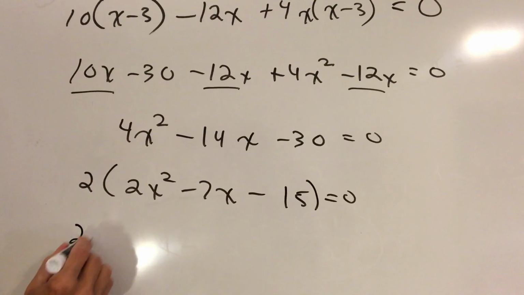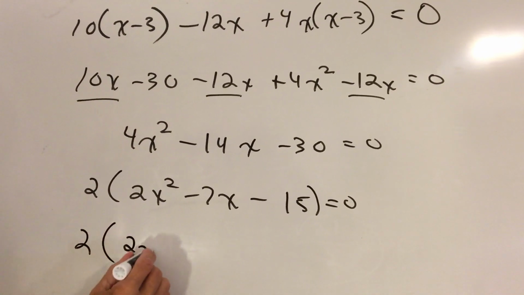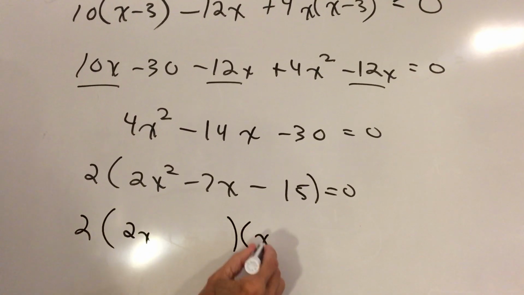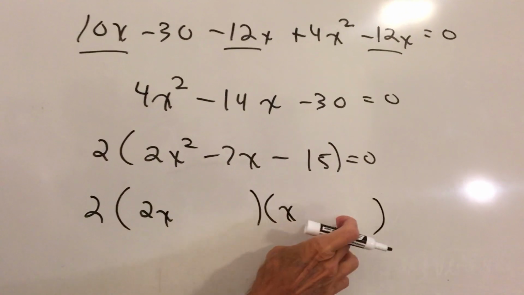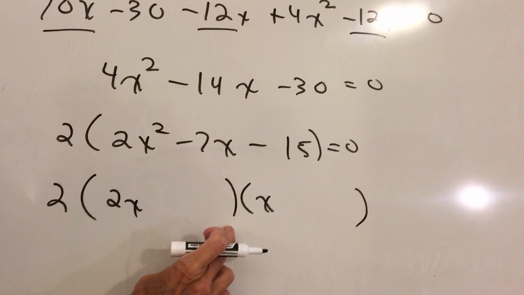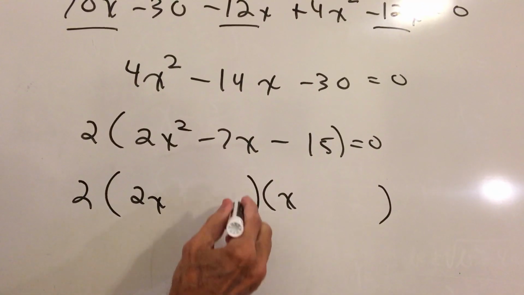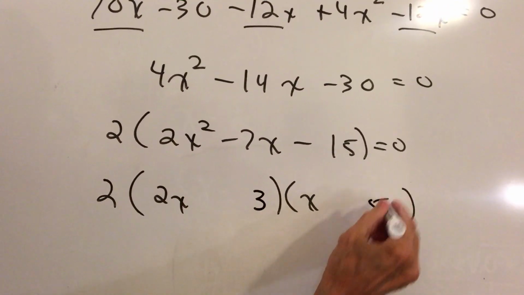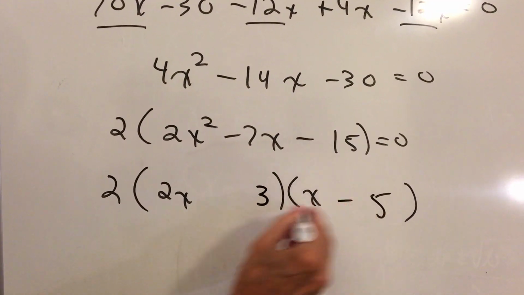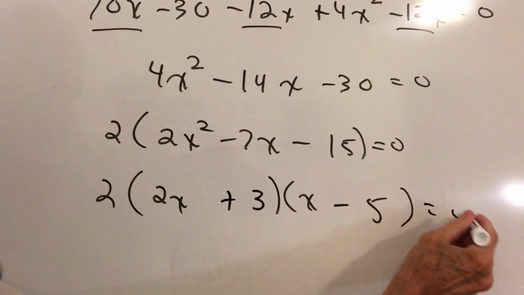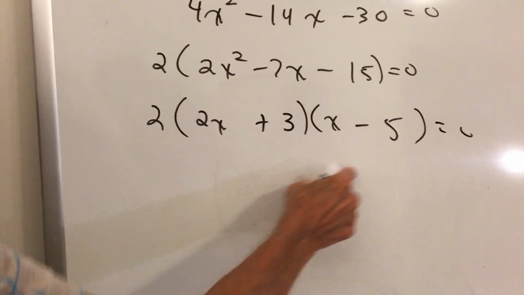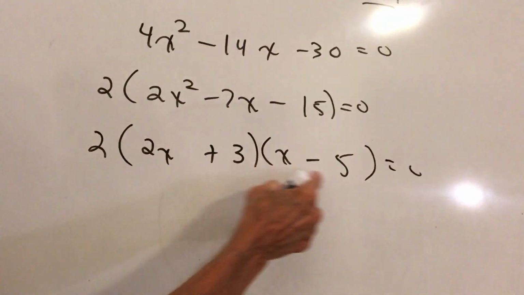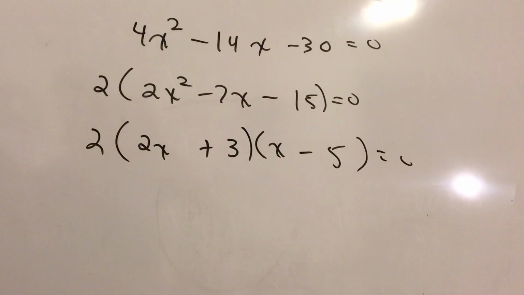And we can see we can factor that. We can have 2x and x, and we put 5 and 3 in it, 3 and 5. We put a minus and a plus. So that would be 2x squared plus 3 and minus 10 is negative 7, minus 15 is 0.